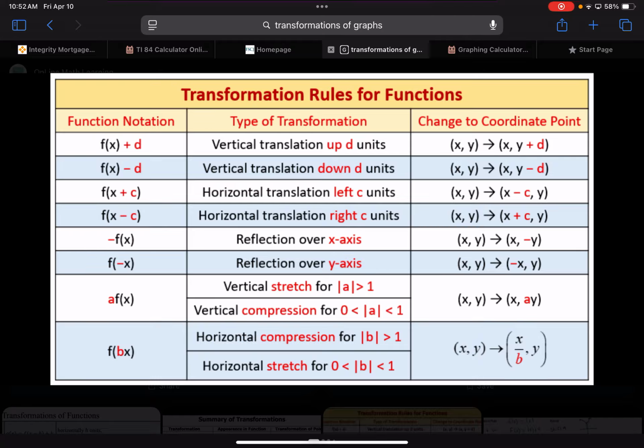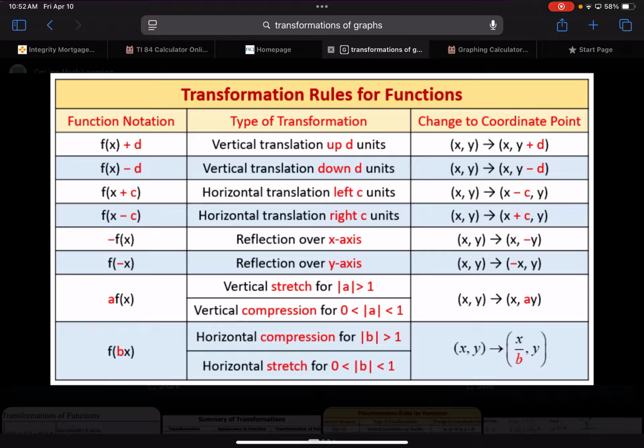And remember, when we're adding or subtracting directly to the x, that's a horizontal transformation, and they're always kind of backwards intuitive. So if I add a number to the x, it'll actually move it to the left, which means I would have to subtract c from the x coordinate to get my new points. So that's what that says in the last column. And of course we have minus c, so I'll skip there.